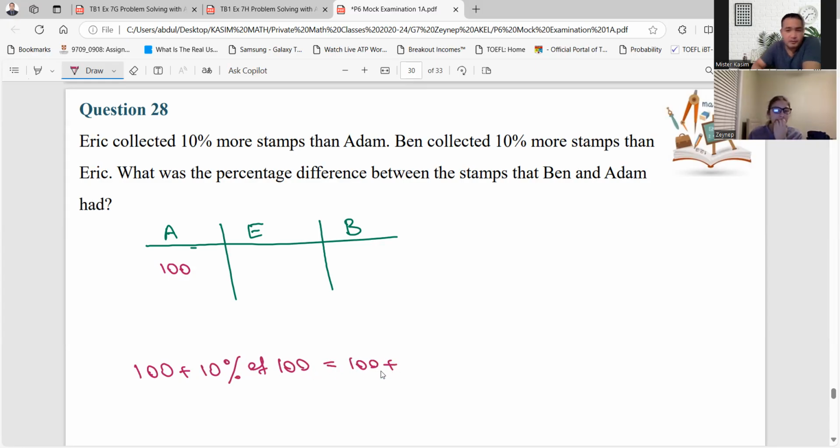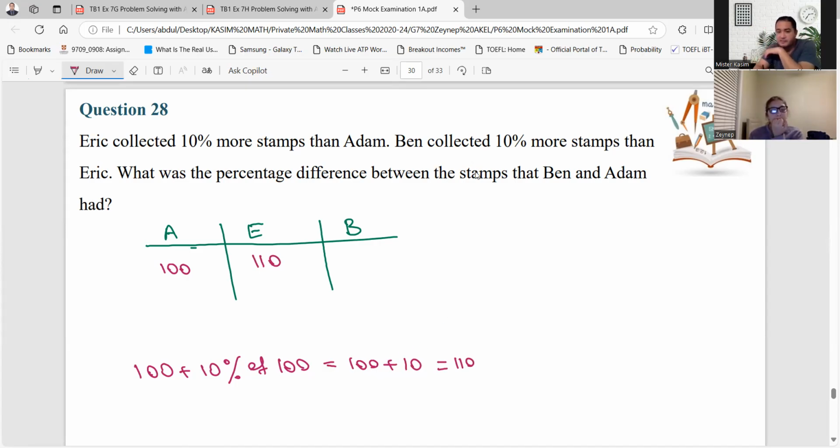What is 10% of 100? 10%, you just need to divide by 10. 10% of 10 is 1. 10% of 50 is 5. 10% of 100 is 10, right? So that's equal to 110. So that means that Eric has 110 stamps.